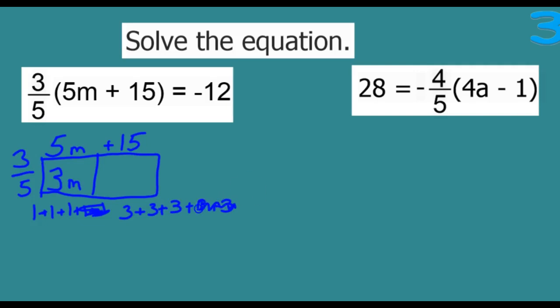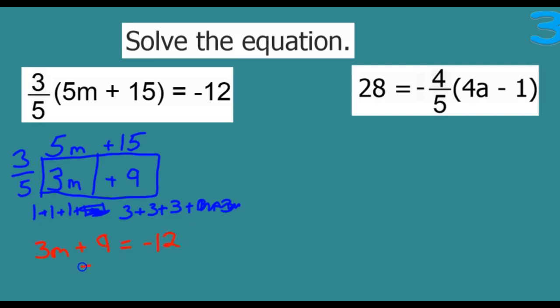So if I cross out 2, 3 plus 3 plus 3 gives me 9. So then my new equation will be 3m plus 9 equals negative 12.